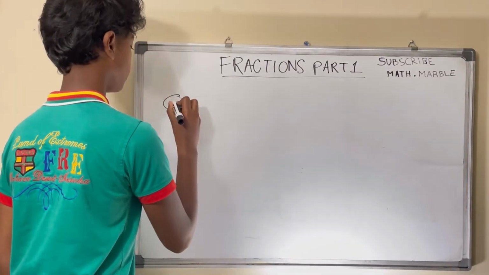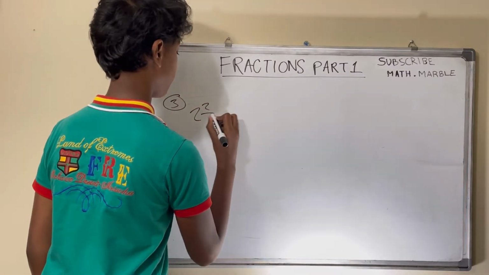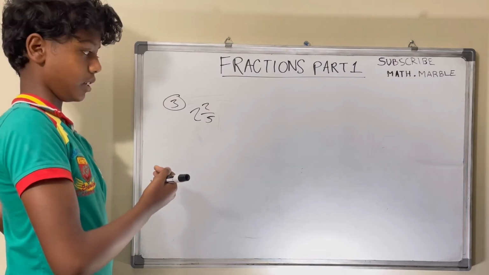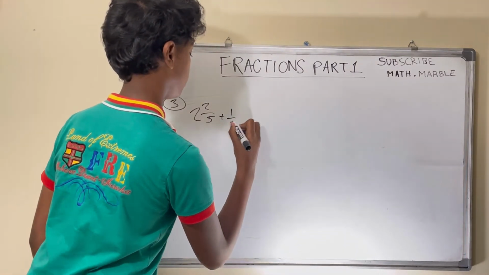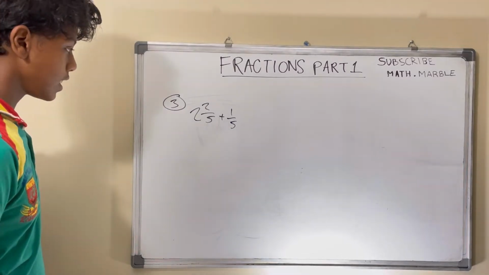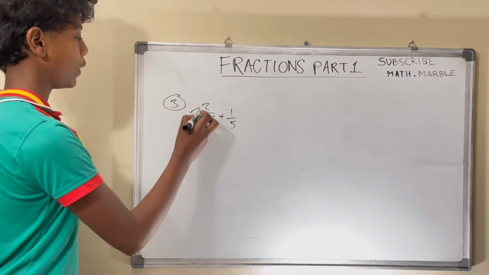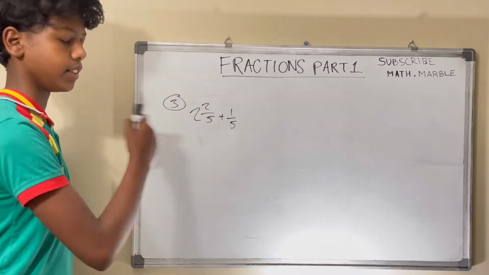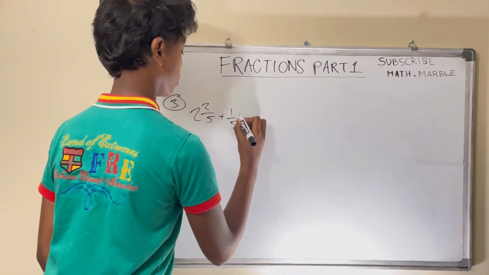Question 3 is 2 and 2/5. Now we have a mixed number plus 1/5. So this is a different type of question now. We both have the same denominator, but we have a whole number in front of one of them. For this, it's also simple.